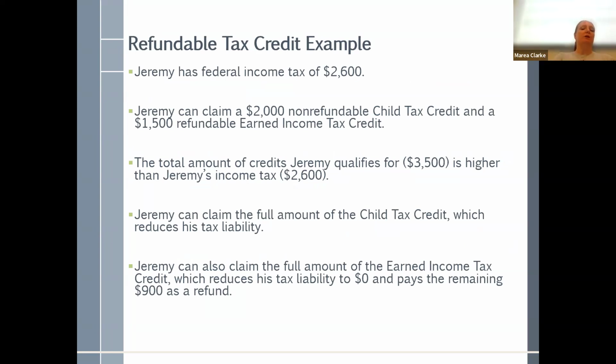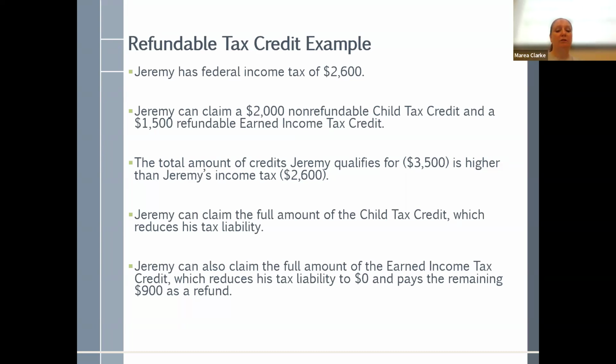So in this example here, we'll do another one. Jeremy has federal tax of $2,600 that he owes. He can claim a $2,000 non-refundable child tax credit and a $1,500 refundable earned income tax credit. The total amount of credits is more than his tax, 3,500 versus 2,600. He gets the full amount of the child tax credit, which reduces his tax down to 600.